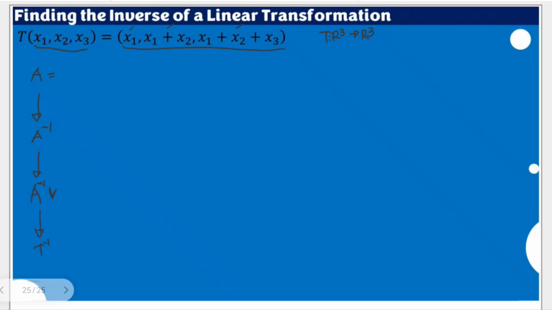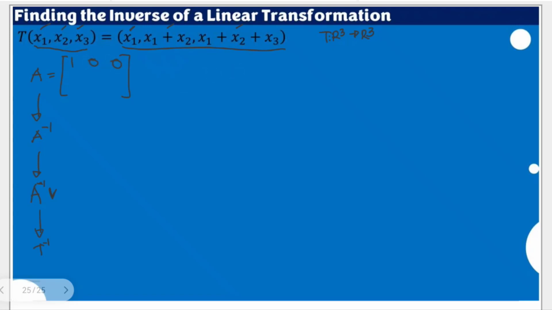So again, let's start with the standard matrix. The standard matrix here is a 3 by 3 matrix. We are going to have the components x sub 1, x sub 2, and x sub 3 for different columns. So the first column would be the coefficients of x sub 1, the second column the coefficients of x sub 2, and the third column the coefficients of x sub 3. The first entry of the linear transformation is x sub 1, so you have 1 x sub 1, but you don't have x sub 2 or x sub 3.